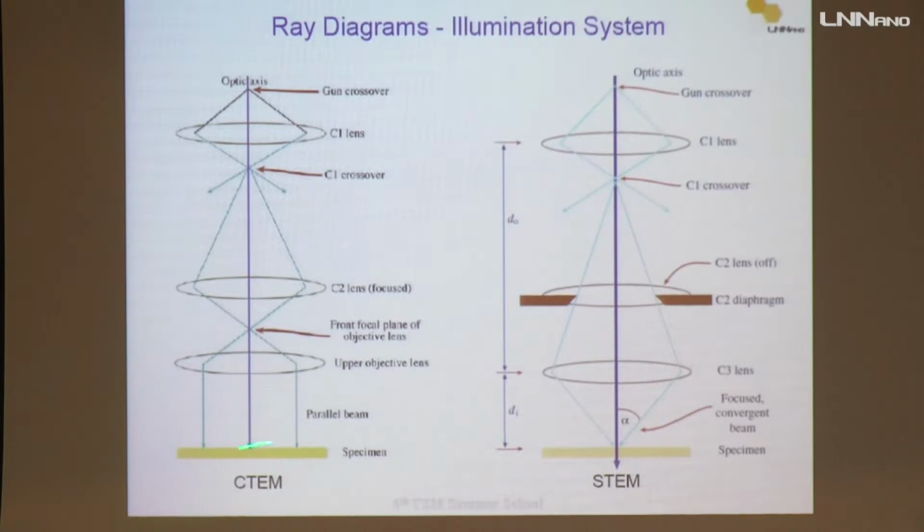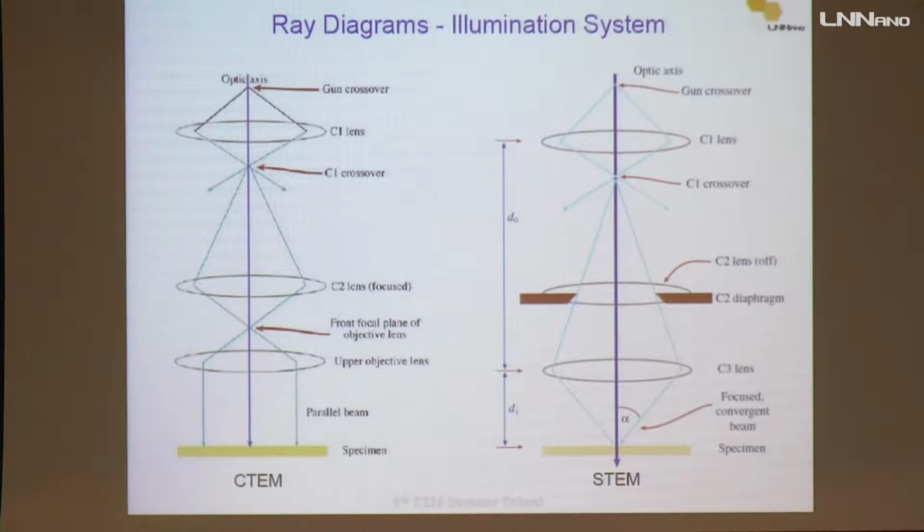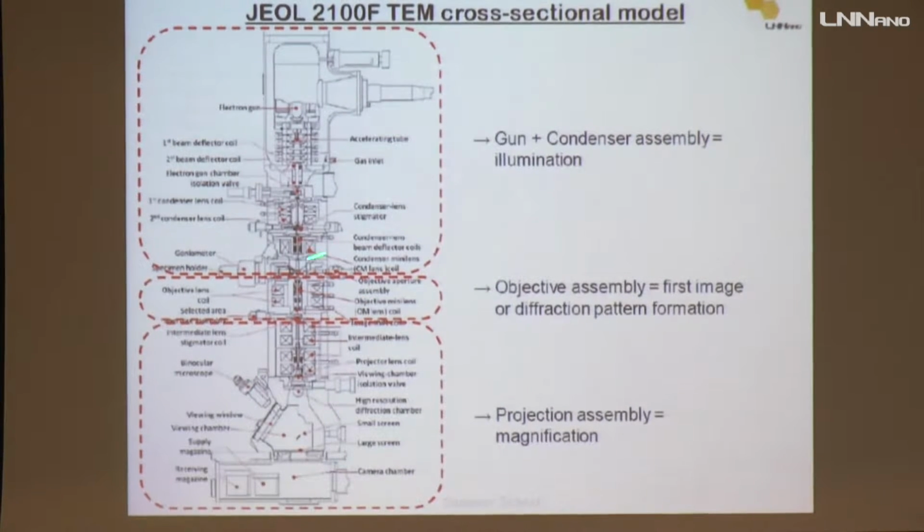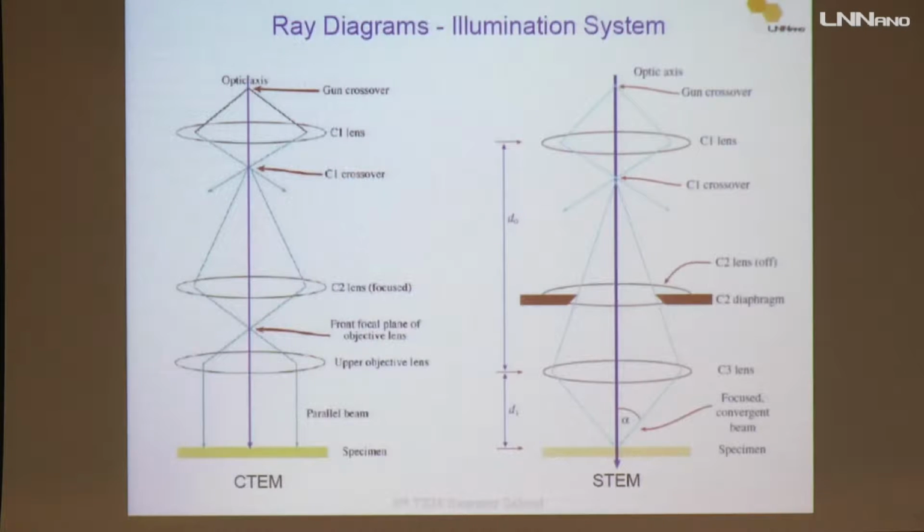In conventional TEM, we have a parallel beam arriving at the surface of your sample. In STEM, we have a focused convergent beam that strikes your sample. It's the same system. It's all computer modulated. It's just the configuration of the lenses that is changed to have this kind of concentration of the electron beam.